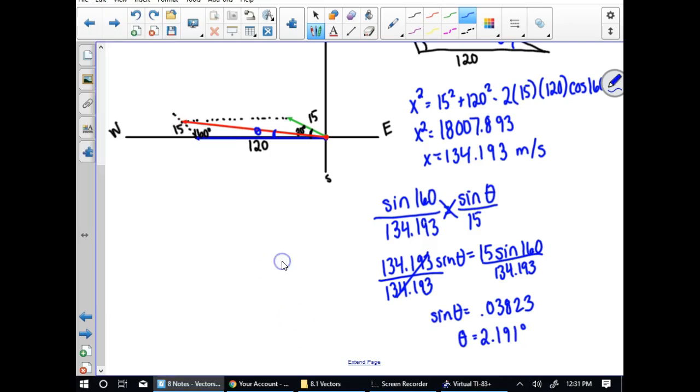And what direction is that? North of east. It is west, sorry. North of west. Yes.